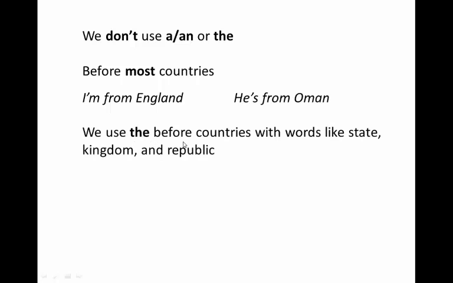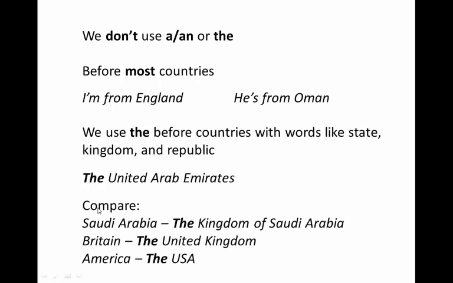We use the before countries with words in the name, like state or kingdom or republic, like the United Arab Emirates. Compare, we could say he's from Saudi Arabia, or he's from the Kingdom of Saudi Arabia. He's from Britain, or he's from the United Kingdom. She's from America, or she's from the USA. So when it's just a name, we usually don't use a, an, or the, but when we have one of these words, kingdom, emirate, state, we use the.